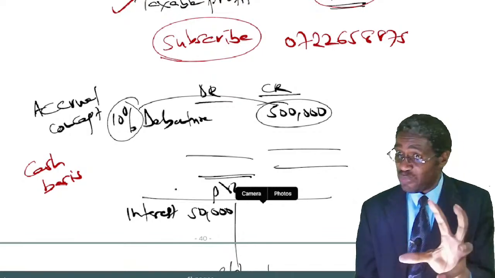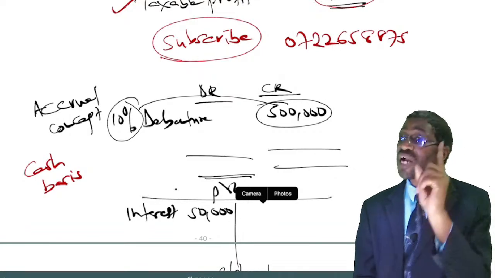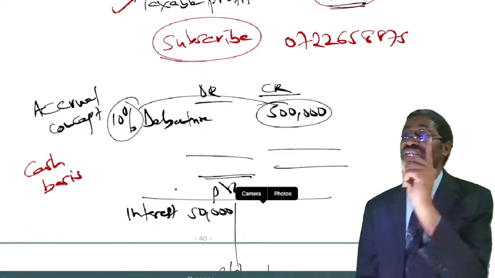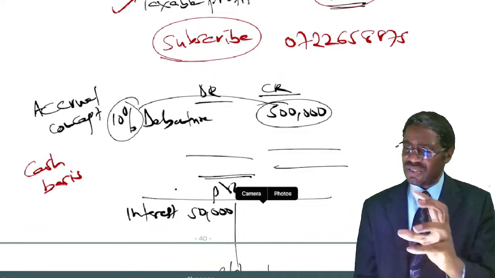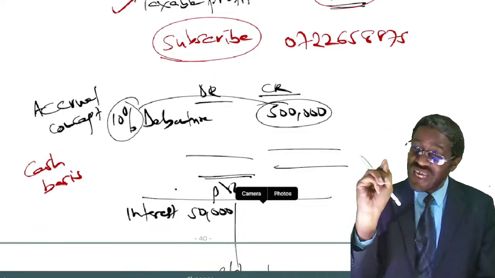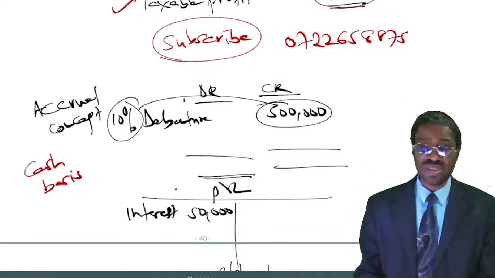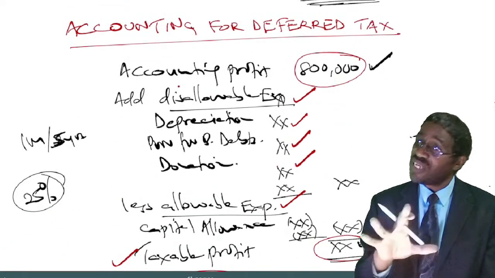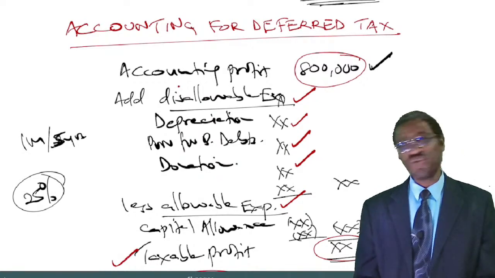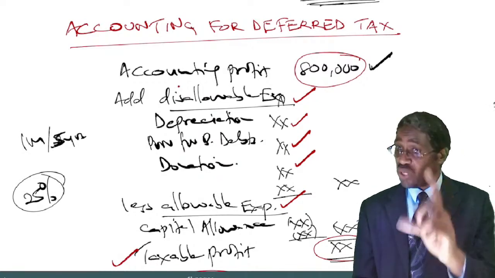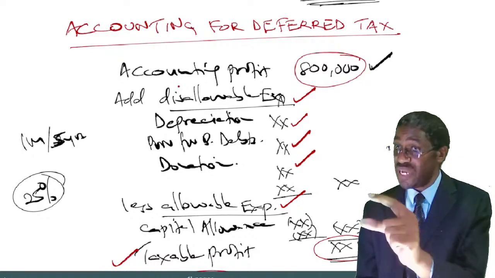But for tax purposes, it should be recognized on cash basis, meaning when it is paid. So this year, as a company, you have something in the income statement which according to the taxman you should not have. And that's what? The interest on debenture.